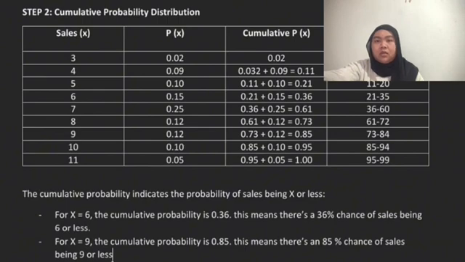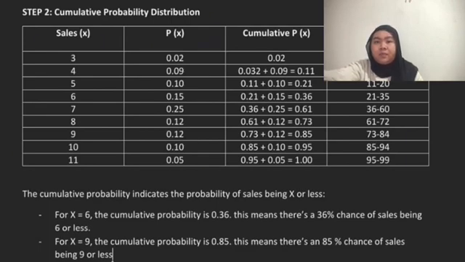For example, the cumulative probability for X=6 is 0.36, meaning there's a 36% chance of selling 6 or fewer heaters in a week. Similarly, for X=9, the cumulative probability is 0.85, meaning there's an 85% chance of selling 9 or fewer heaters.